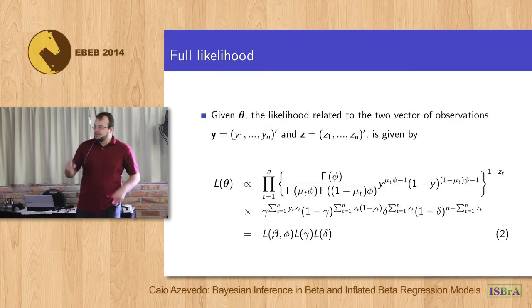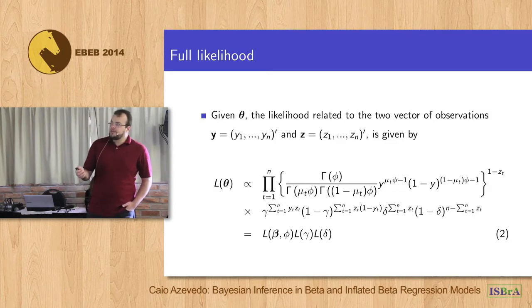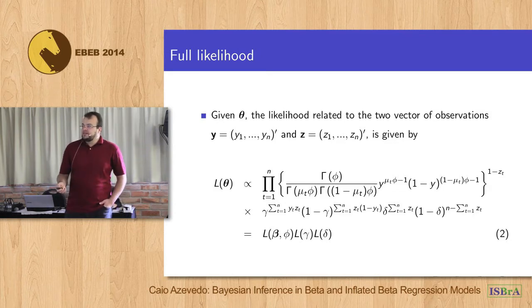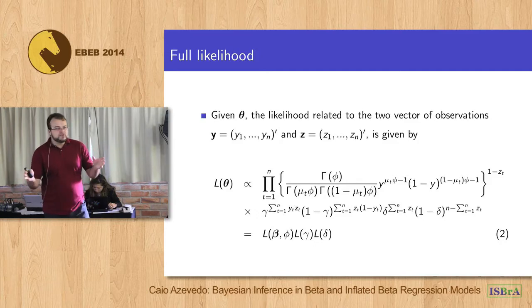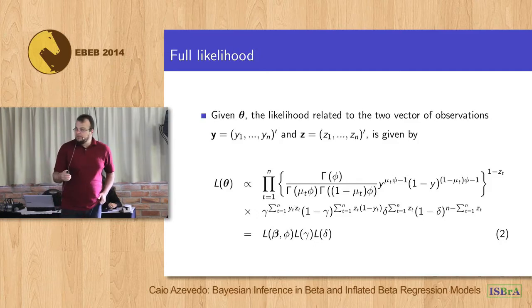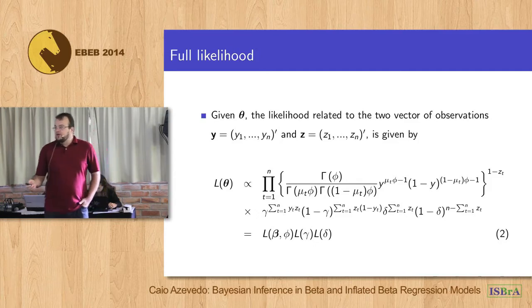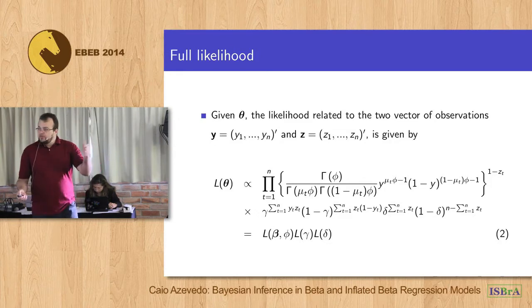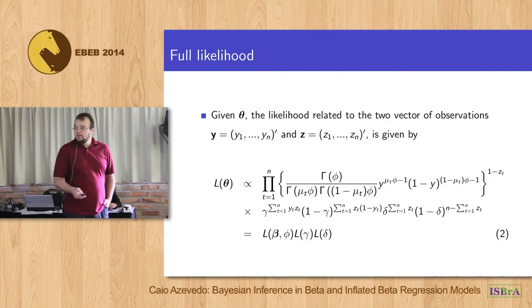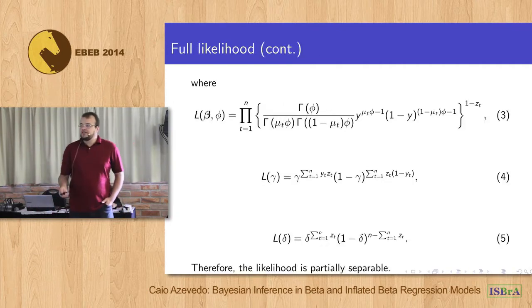So you have that the entire likelihood can be written like that. And one thing that is very interesting is the fact that the likelihood is, let's say, partially separable, because we have one part related to beta and phi, another part related to gamma, and another part related to the delta parameter. So we have something like that in the likelihood.